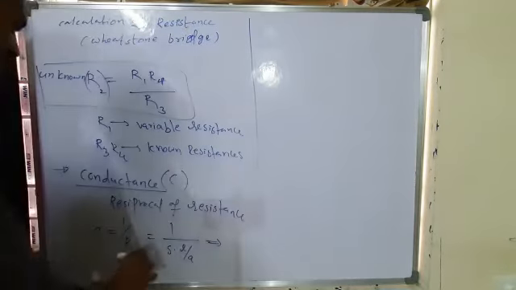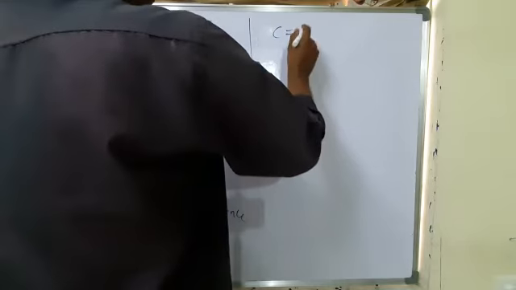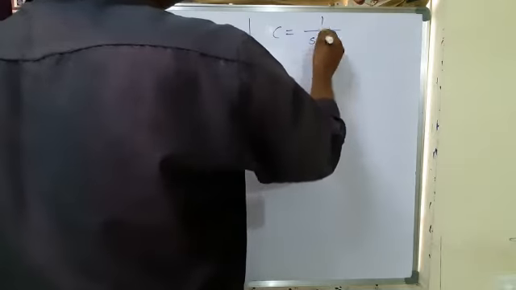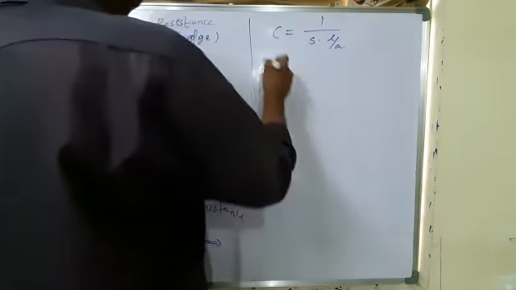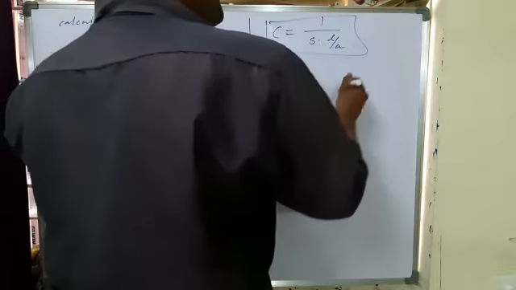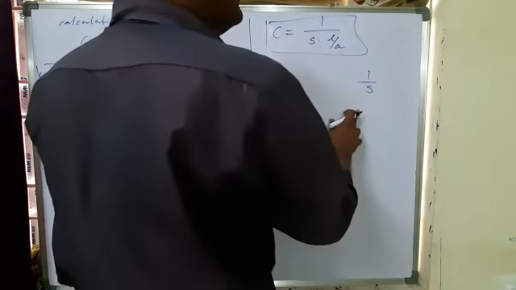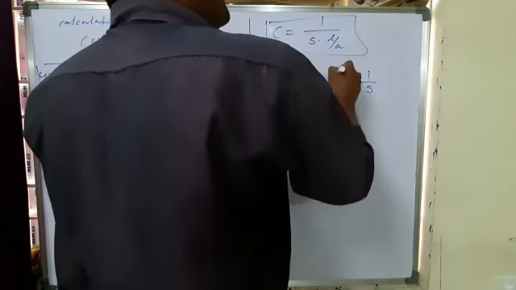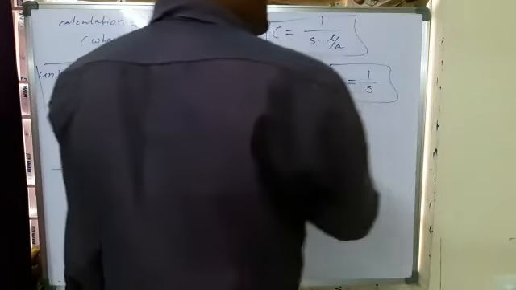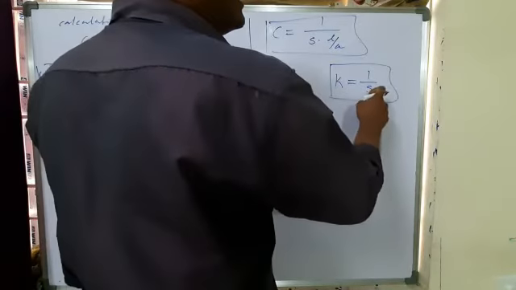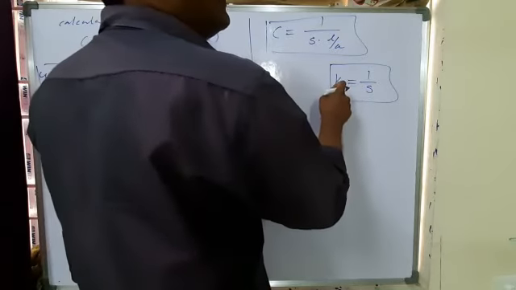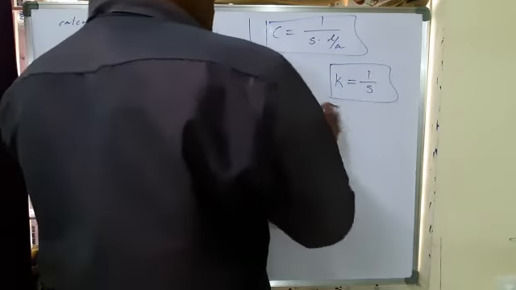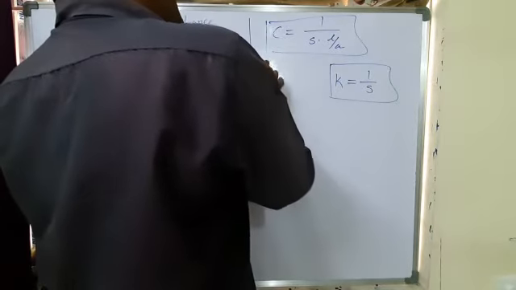So conductance equals 1 by specific resistance into the reciprocal of the cell constant. The reciprocal of the specific resistance is called conductivity, represented as K, kappa.